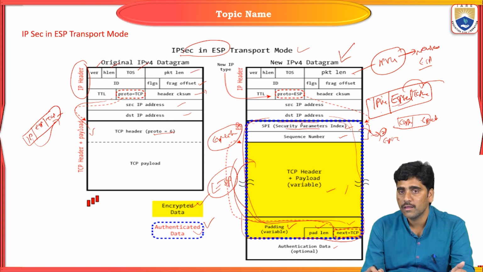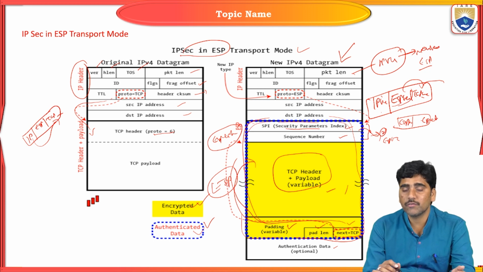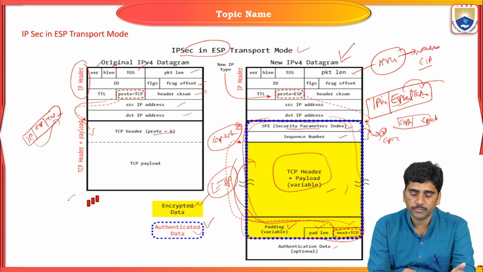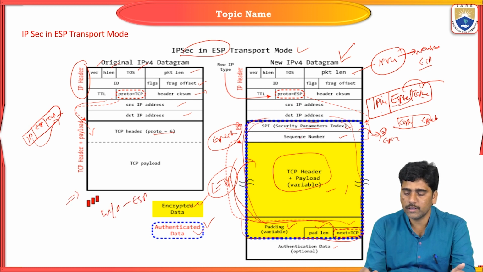This color indicates encrypted data, and the dotted lines indicate authenticated data. This is how we can understand that ESP, Encapsulating Security Payload, provides security services in transport mode. One is without ESP, and this is with ESP.